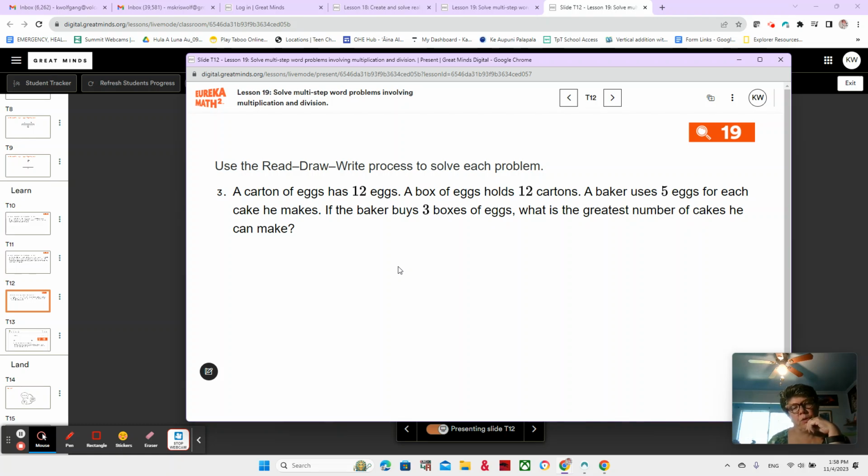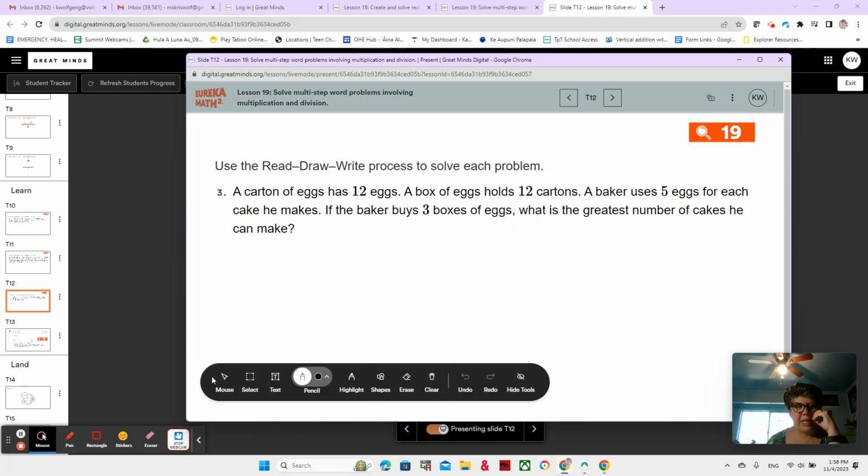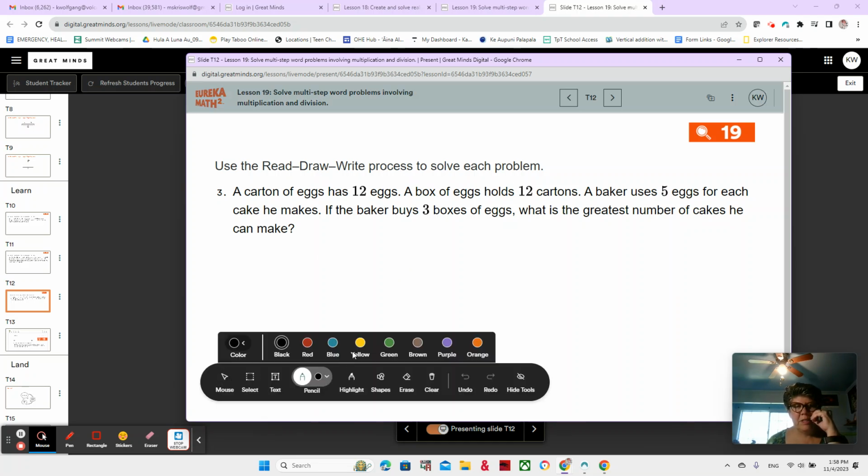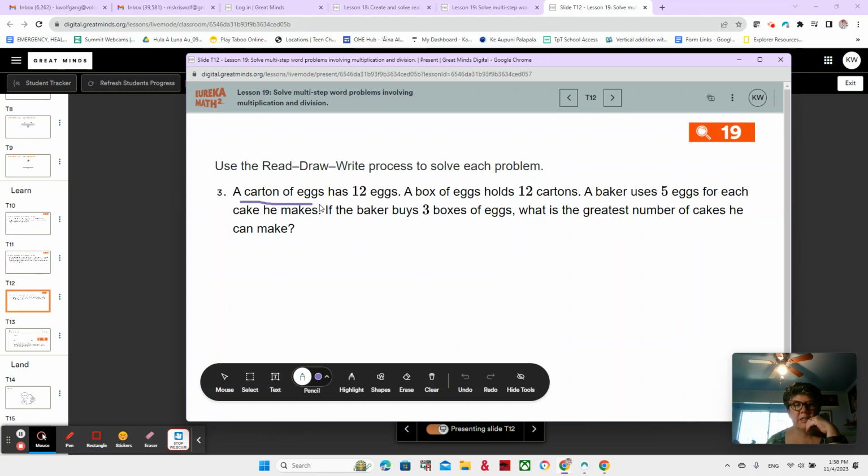Okay, so you know the regular egg carton is 12, but then a box holds 12 cartons. And then the baker uses 5 eggs for each cake. Okay, lots of details here. A carton is 12 eggs, which is a dozen, right?